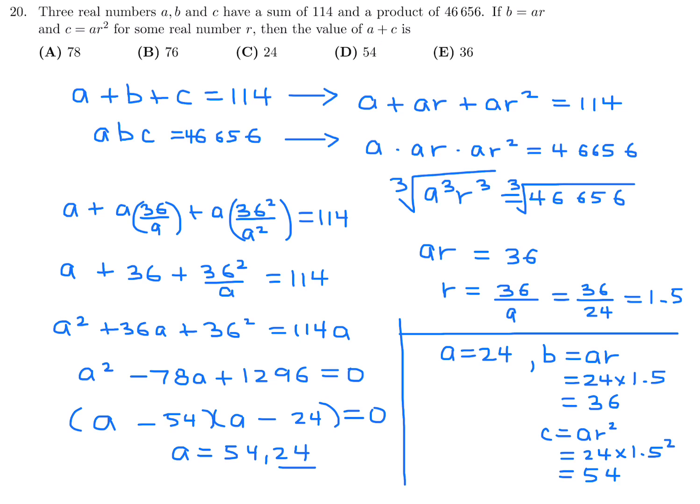So what are they asking for? A plus C. Well, that's A and that's C. So A plus C is 24 plus 54, and that is 78. Yeah, that's one of the answers, so might as well choose it. Number 20, the answer is A.